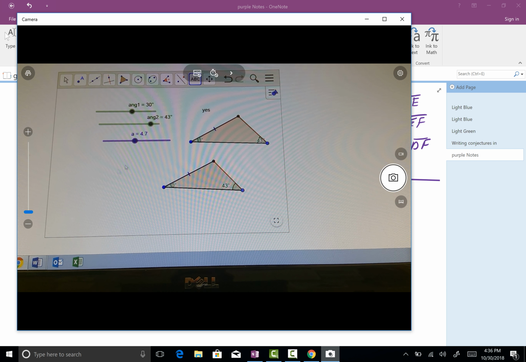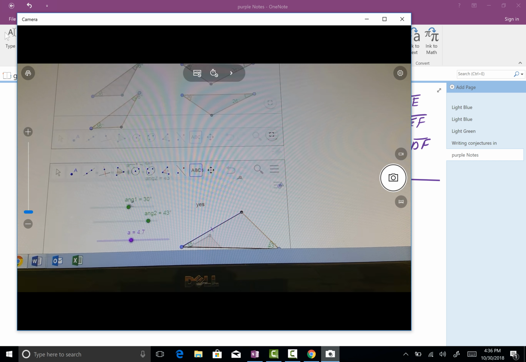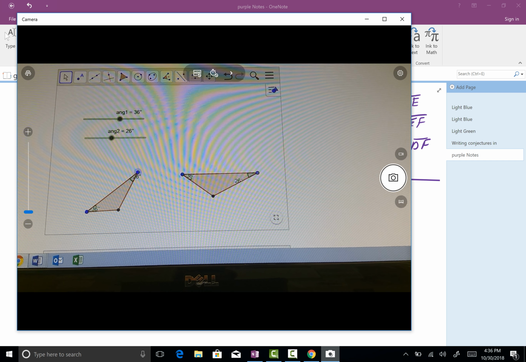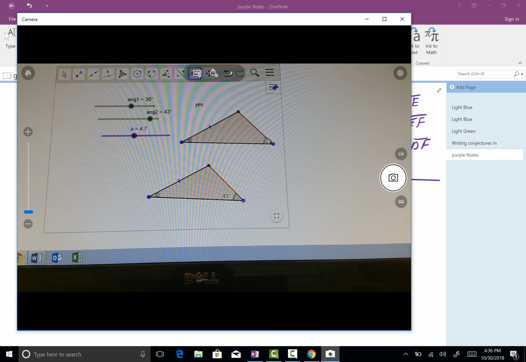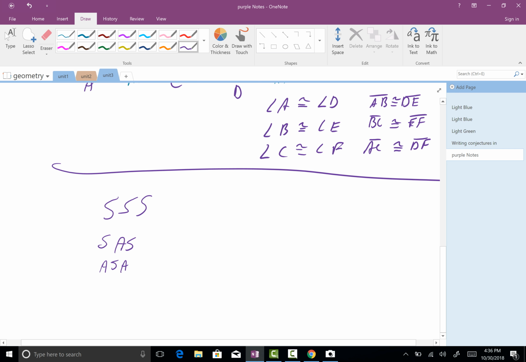So the angle, angle, angle didn't work, but the side, angle, angle did. Okay, so those are the ones that work. So our triangle congruence conjectures.